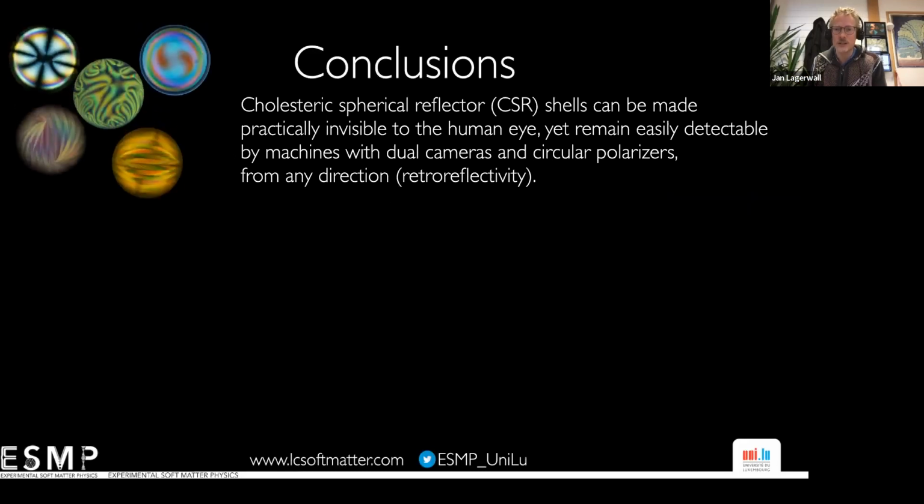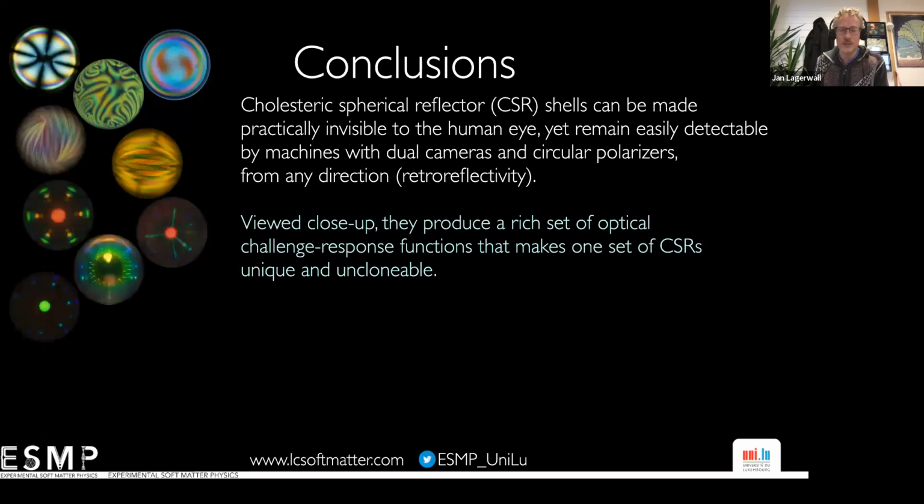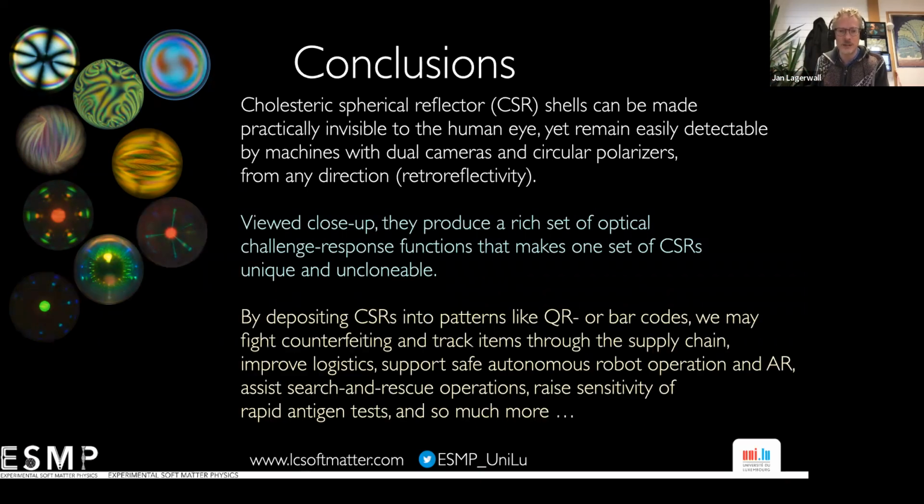So let me just conclude by saying that cholesteric spherical reflectors can be made based on the nature of liquid crystals. They can be made invisible to the human eye, practically at least, but they remain detectable by machines with the appropriate circular polarization and infrared or ultraviolet imaging. When you view them close up, you have this very rich set of optical challenge response functions that allows you to uniquely identify one from another.